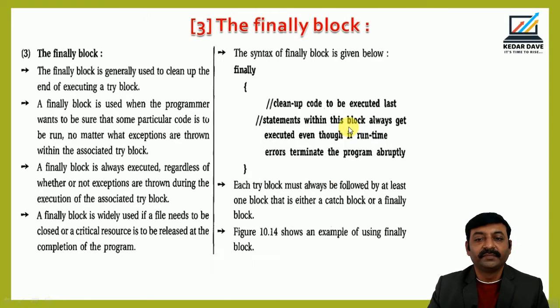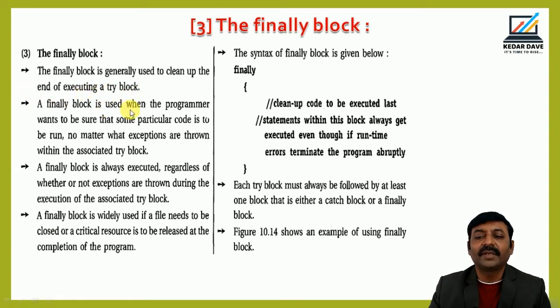Then the third and very important block, that is the finally block. So what is in this finally block? The finally block is generally used to clean up at the end of executing a try block.